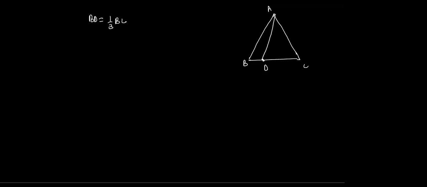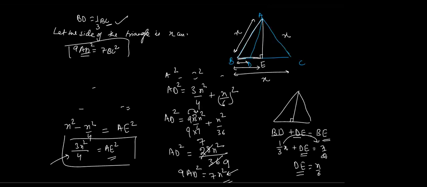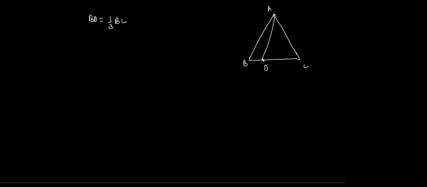It is being given that ABC is an equilateral triangle, means AB is equals to BC is equals to AC. You need to prove that 9AD square is equals to 7AB square. We need to prove this one.